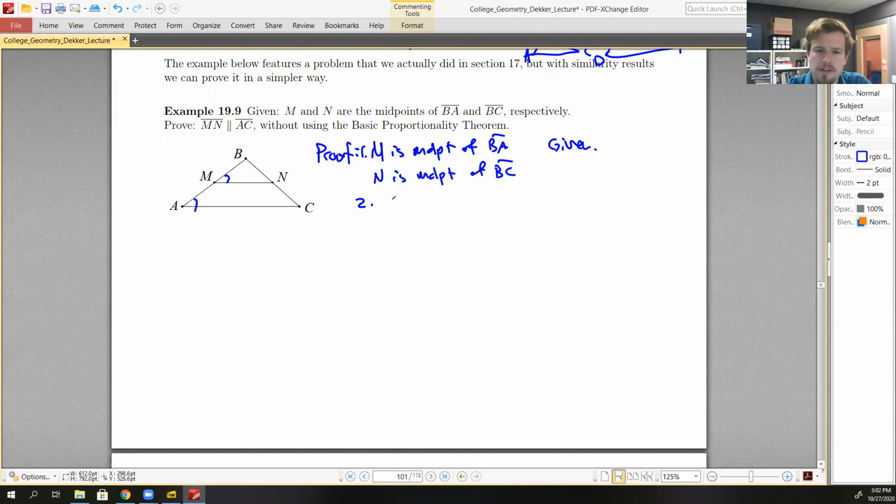So by the definition of midpoint, we have that BM is equal to 1/2 of BA, BM is half of BA, and BN is half of BC. And that's just by the definition of midpoint.